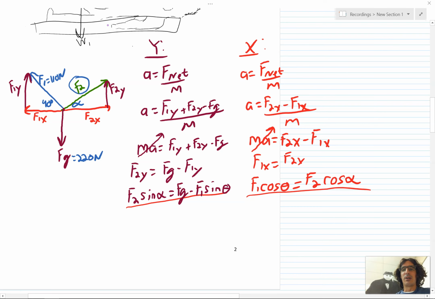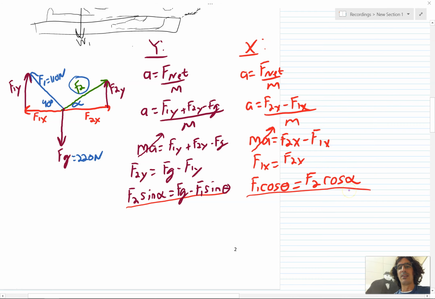But there's a third option we could do, and we could divide both of these by each other. As we can see, we have F2 sine of alpha on the left equation, F2 cosine alpha on the right equation.